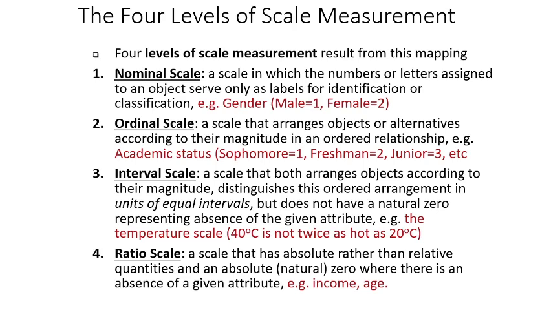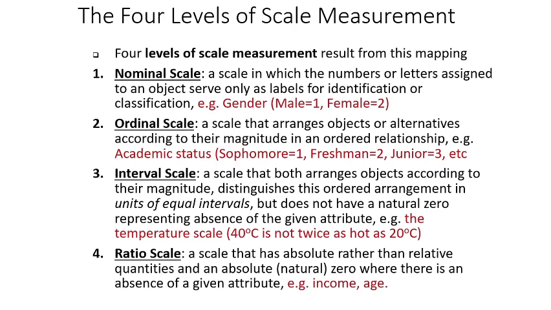Measurement is how you differentiate. You differentiate or measure things on the basis of name, a scale in which numbers or letters are assigned to an object and serve only as a label, for identification, for separation, for classification.